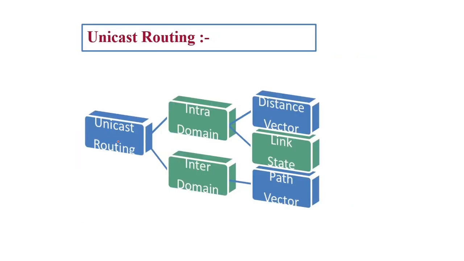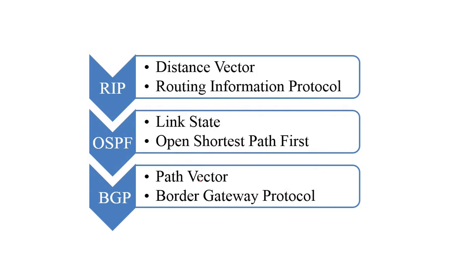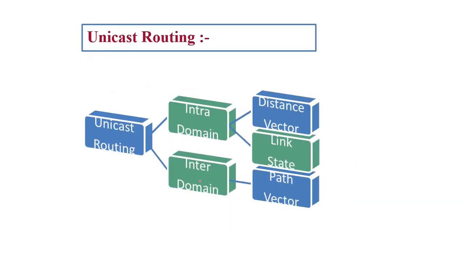In terms of unicast routing, there is intra-domain routing and inter-domain routing. So let's first understand the concept of intra-domain and inter-domain. As a simple example, you can consider cricket tournaments.